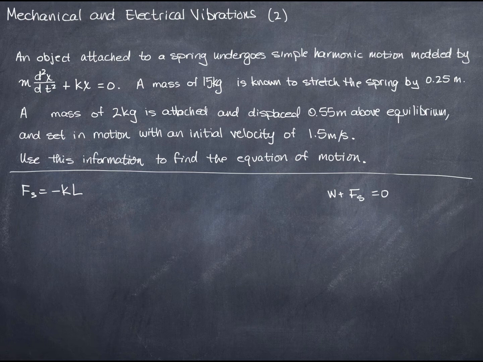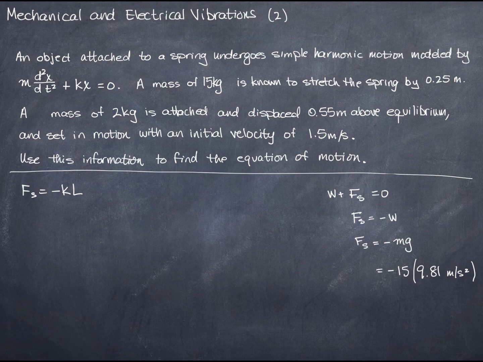That means that we can write the spring force as negative W. And since W is equal to mass times acceleration due to gravity, we can write this little equation. And that gives us mass, which was 15, times acceleration due to gravity. Now we're in metric here, so we're going to use 9.81 meters per second squared.